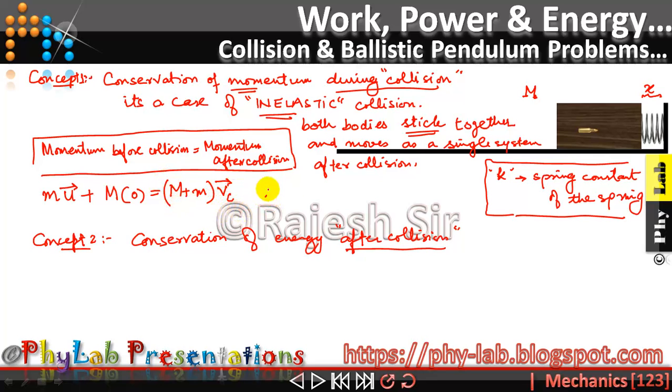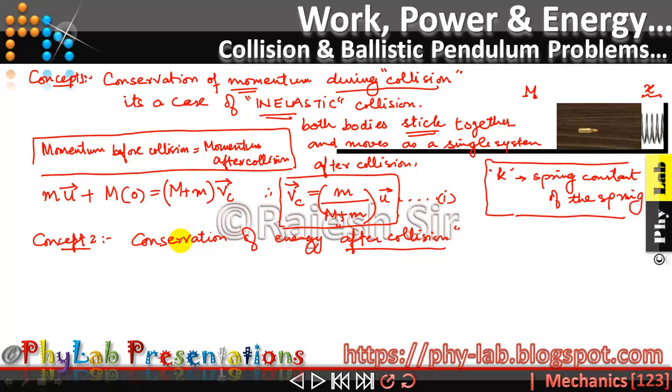Using this equation I can find the common velocity with which both the bullet and the block begin to move, given by this expression. You can use it to obtain the common velocity. Let me write this expression as equation number 1. Now, after the collision, the bullet and block system moves with one common velocity, so it gains kinetic energy.